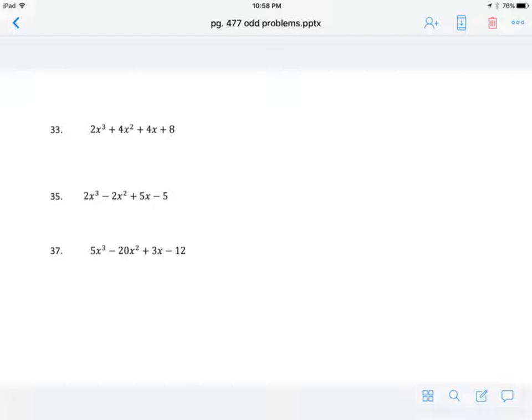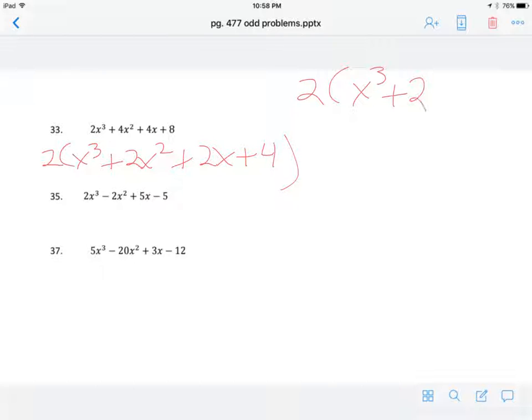Okay, now on 33, notice you check all your terms. You've got 4 terms here, 2x cubed, 4x squared, 4x, and 8. And so you're going to factor out a 2 first. x cubed plus 2x squared plus 2x plus 4. And then factor 2, then we're going to go x cubed plus 2x squared, and then plus 2x plus 4.